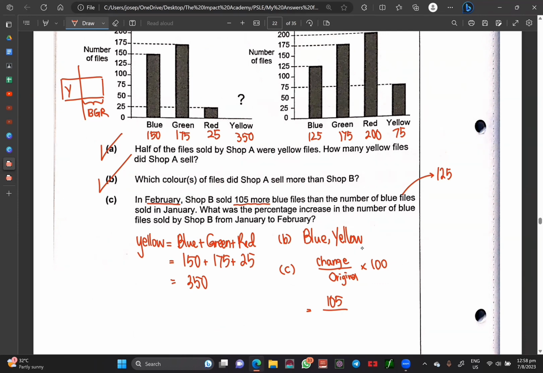It's 105 more. Over the original is always the earlier months. Okay, so over here is January, which happens to be 125. So when you times 100, of course, you punch your calculator, you will get to an answer of 84%. So this is the 84% increase in the number of blue files sold by shop B from January to February.